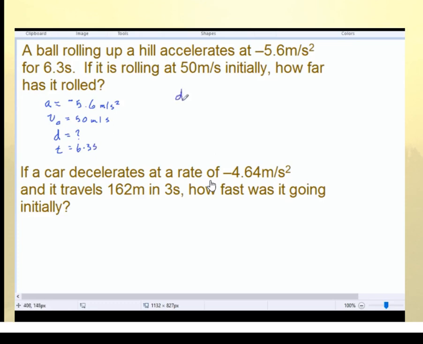All right, so the equation we're going to want to use here, since we don't have vf and we're looking for d, is vi t plus 1/2 a t squared. That's a go-to distance formula that we'll use a lot. All right, so we don't need to rearrange it because we're looking for d, so let's just plug in some numbers here.